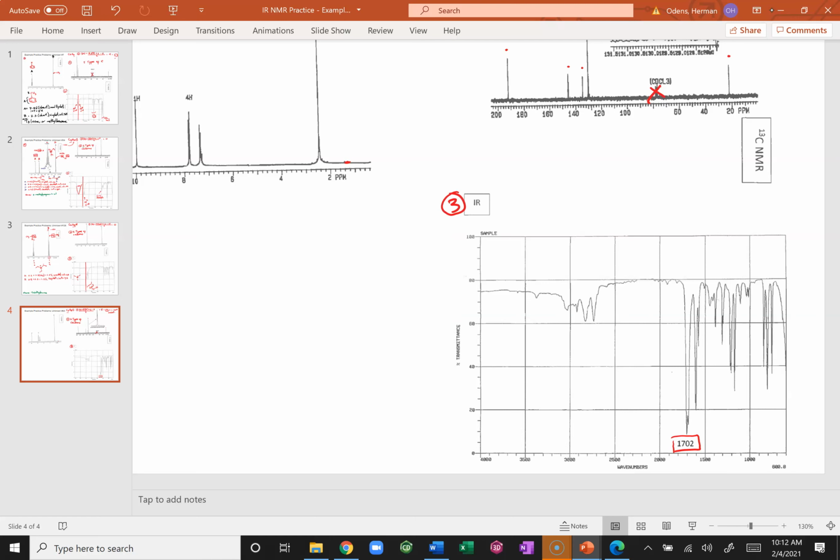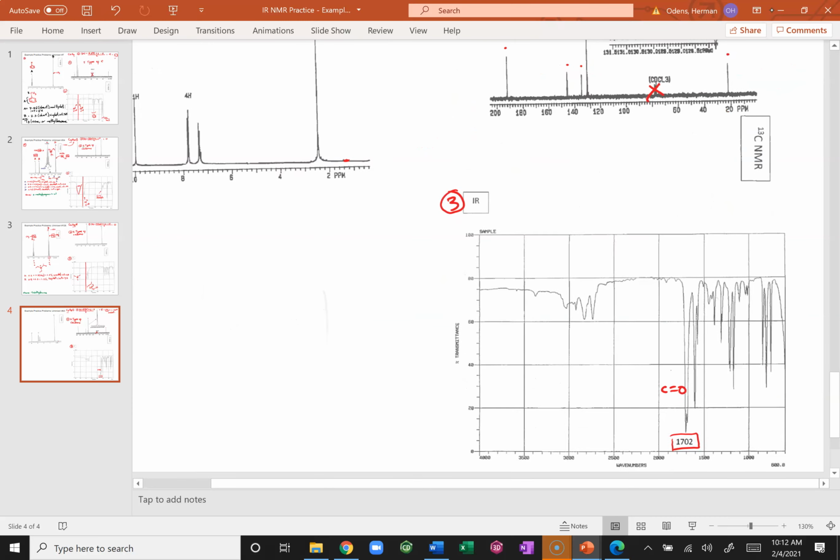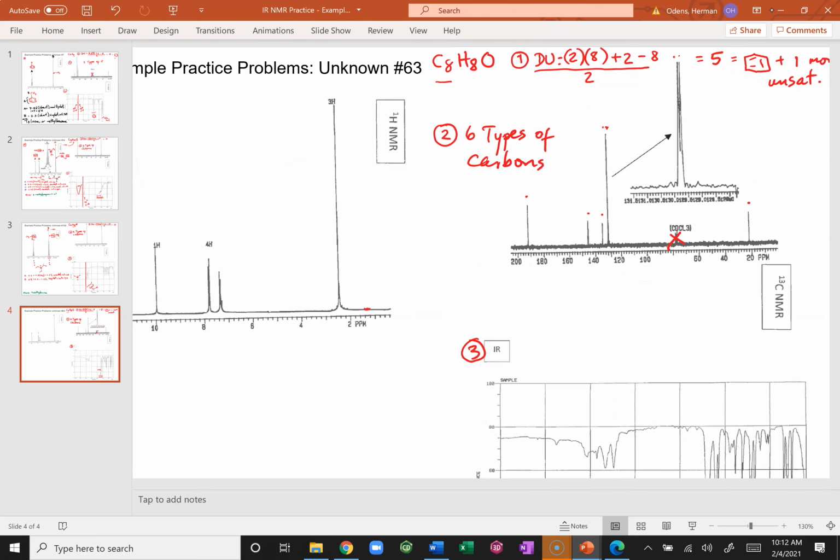What is a signal of 1707? It's a carbonyl group. Very good. So far, what are your options for a carbonyl group based on your molecular structure? Aldehyde or ketone. Cancel carboxylic acid, cancel esters. Okay?